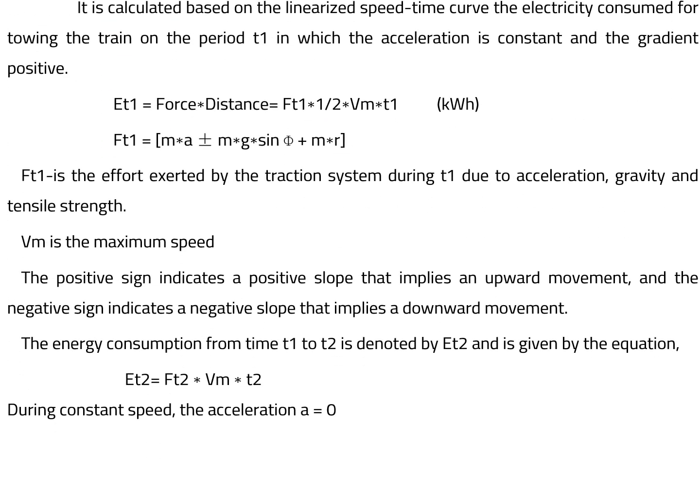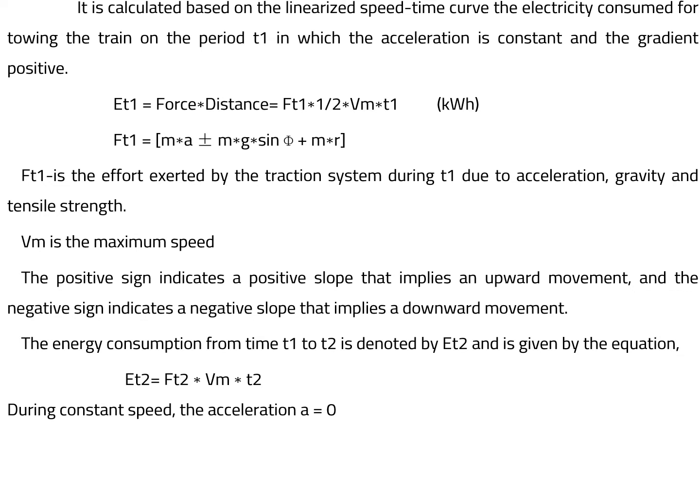The electricity consumed for towing the train over the period T1 can be calculated based on the linearized speed-time curve. During this period, the acceleration is constant and the gradient is positive.